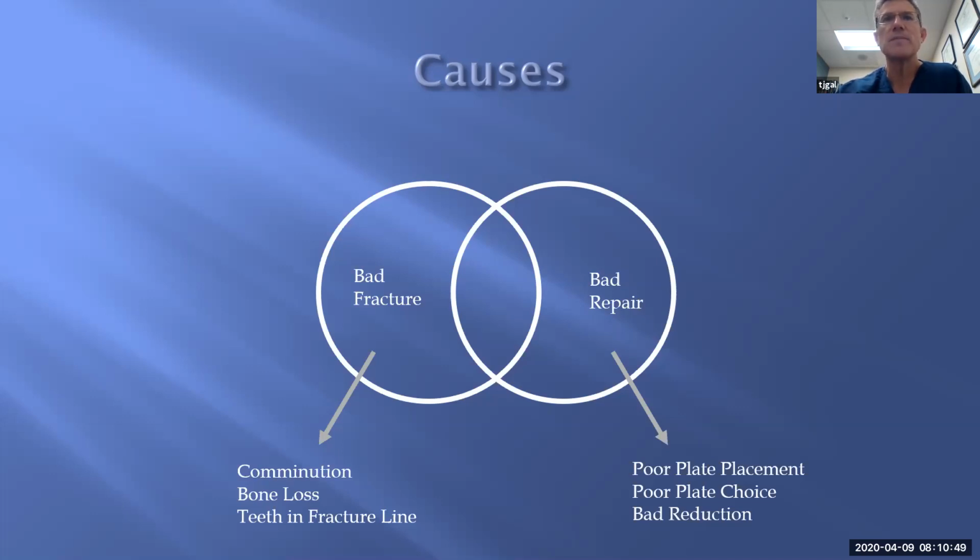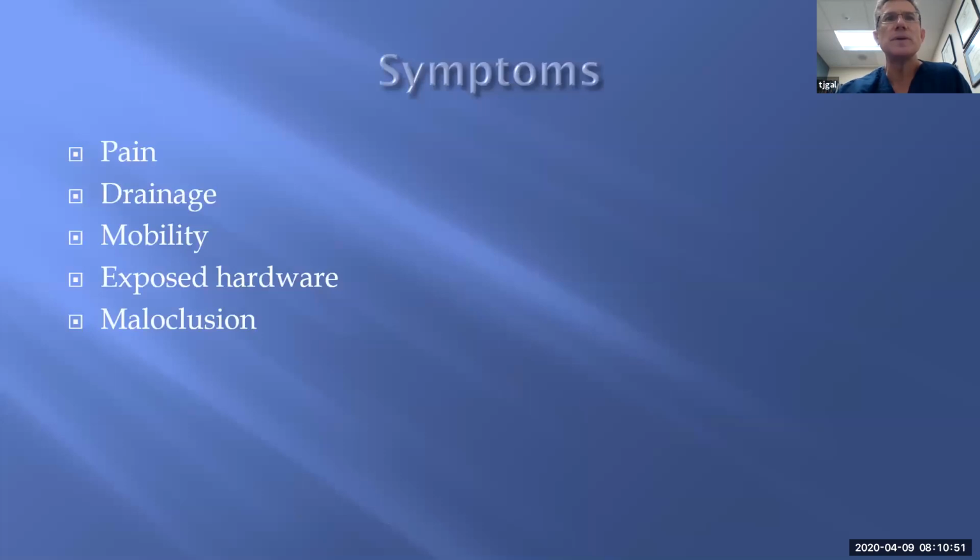plate displacement. And so these are people who will come in after their primary repair, and they've got pain, they've got drainage, they've got a mobile segment. You can see the hardware. Their occlusion is not how it was at the time of initial surgery. And these are your problem patients. These are the trauma patients who come back.